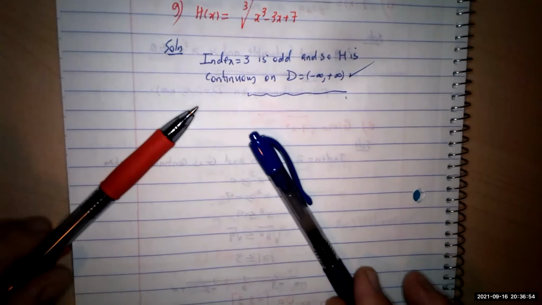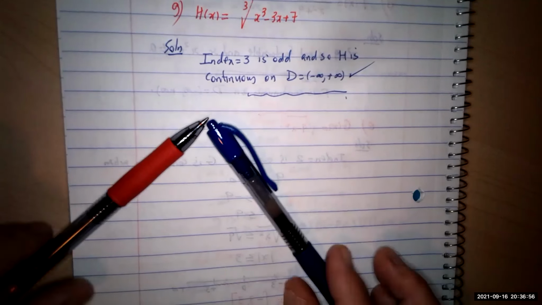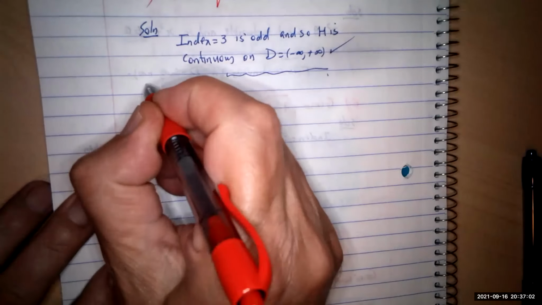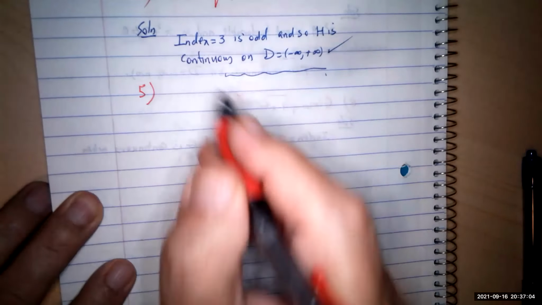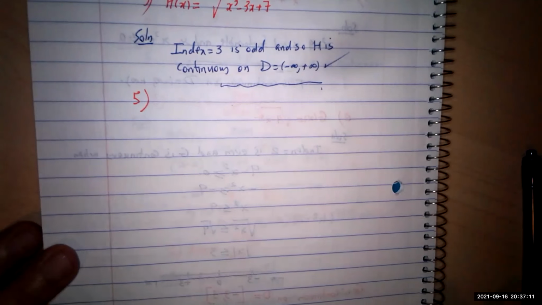Or sometimes you may get one piece, so the function would be continuous everywhere. So I give you one from each. That's going to be number 5. The above group was a kind of polynomial type, and this is just a piecewise defined one.